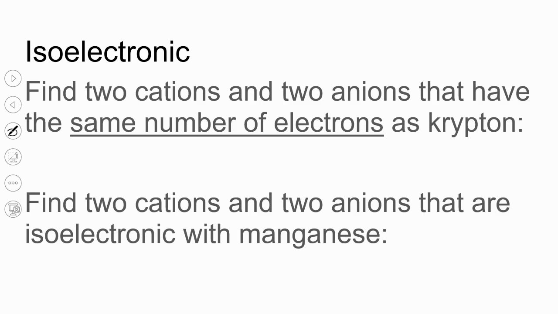Krypton is a noble gas. It has atomic number 36. So krypton's going to be 36, and then 37 would be Rb.